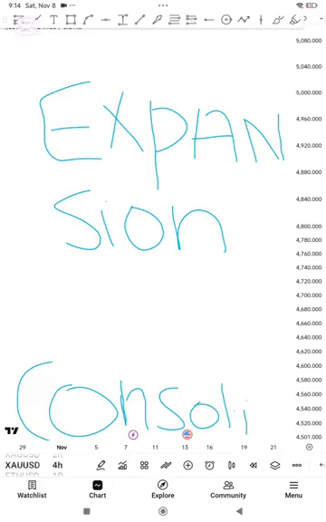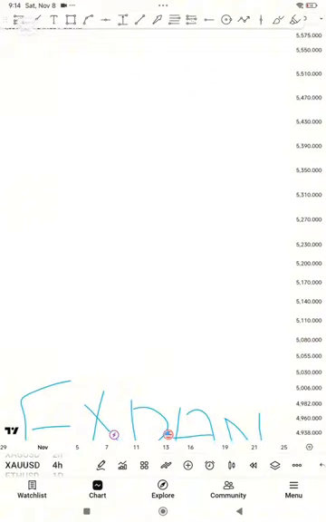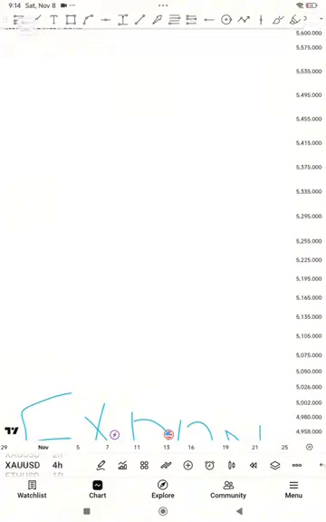All right, so after expansion the third phase is called retracement. Okay, so let's talk about both retracement and reversal.